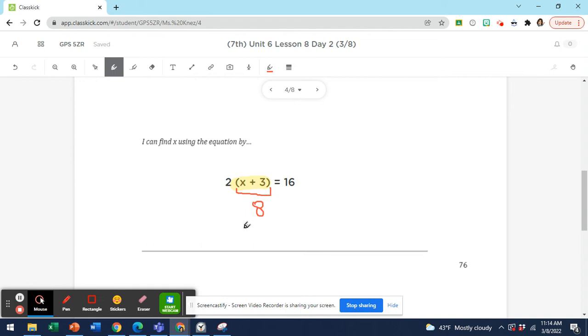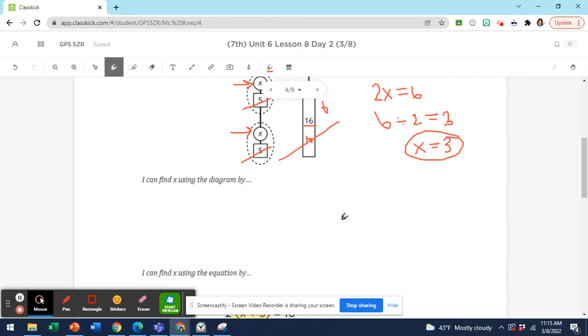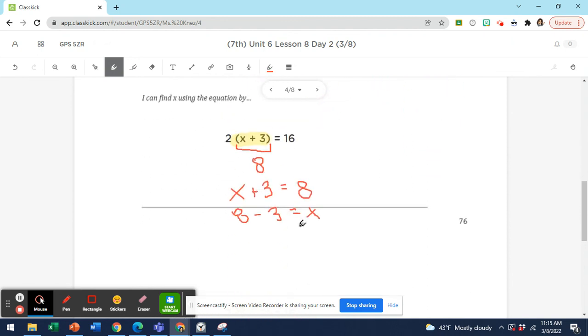And so I can tell that x plus 5 is equal to 8, because x plus 5 is the value inside the parentheses. And again, I know that the inside of the parentheses is being doubled for a product of 16. I can use inverse operations to find x, which again is equal to 3.